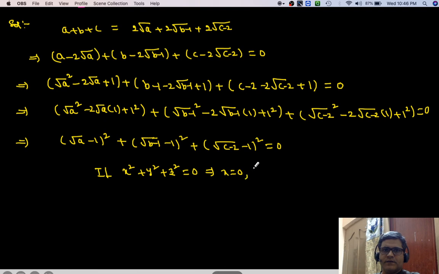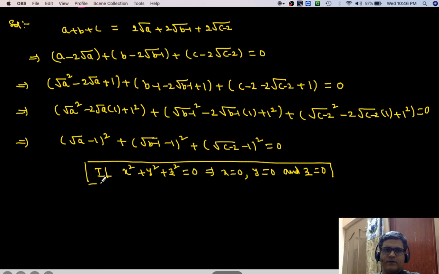That is x = 0, y = 0 and z = 0. So if you use this fact over here, in place of x what is there? √a − 1. In place of y, √(b−1) − 1. In place of z, √(c−2) − 1 is there.